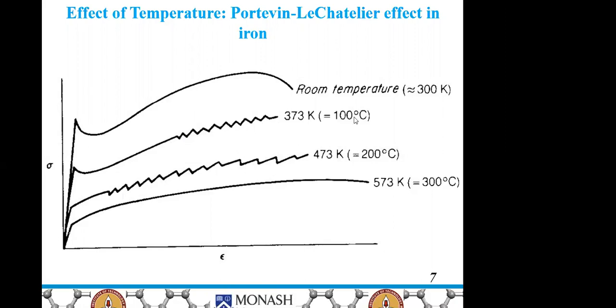If we heat further to 200 degrees centigrade, there will be even more formation of serrations. But if we increase it to 300 degrees centigrade, or let's say up to 573 Kelvin, there is a sufficient temperature for the metal to plastically deform, so there will not be any formation of serrations. So we can see that there is a significant increase in ductility and decrease in the strength of the material. So this is called the Portevin-Le Chatelier effect.